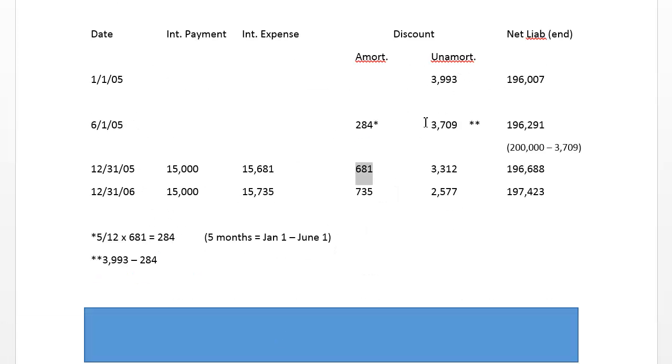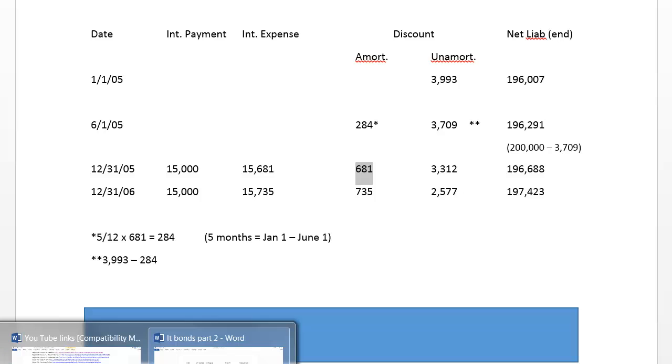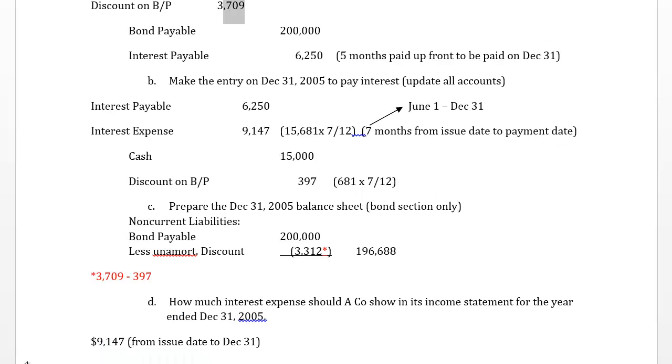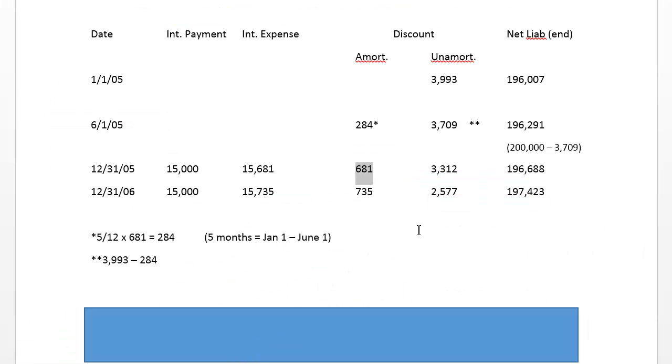Now it's 37.09 because we're 5 months into the year, right? Because the bonds were issued at a different date than they were dated. So I deduct 33.12, and that's going to give me 196,688, which is exactly what I have here, and which was in your original table in Part A if you wanted to go back there. But that's the idea.